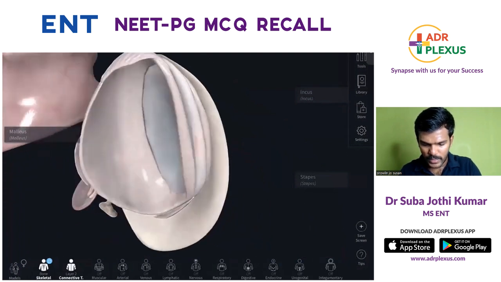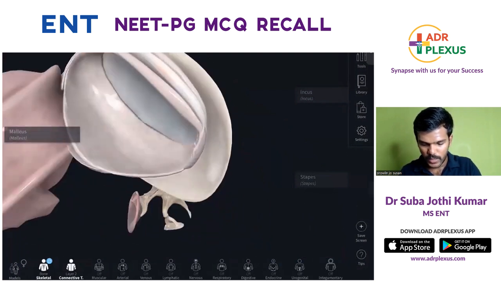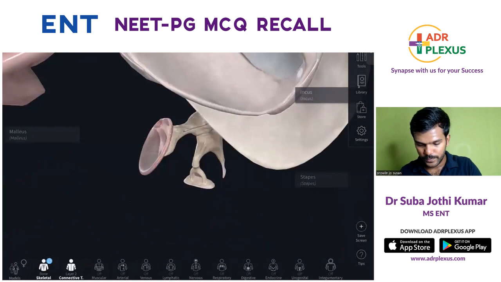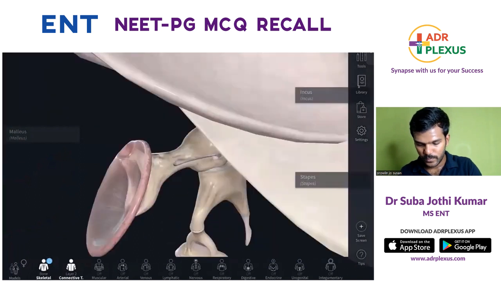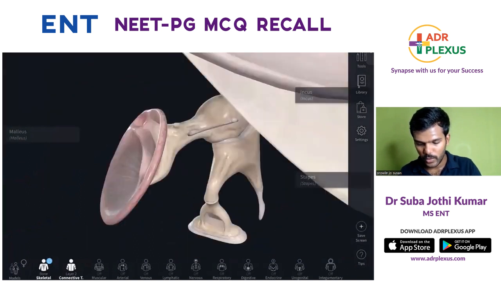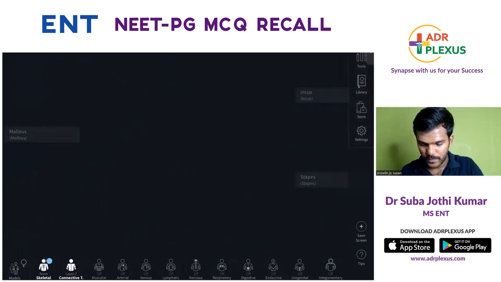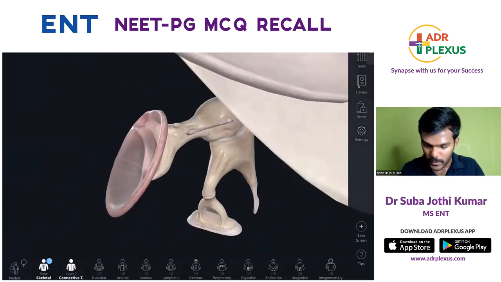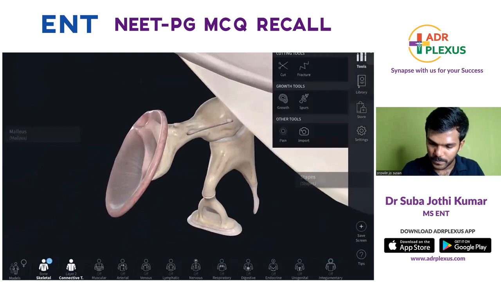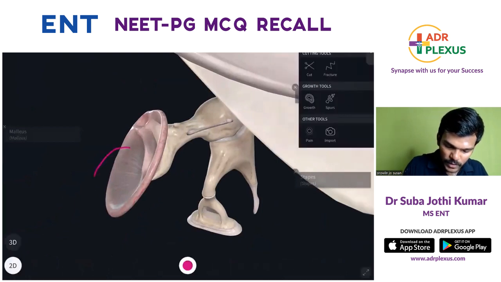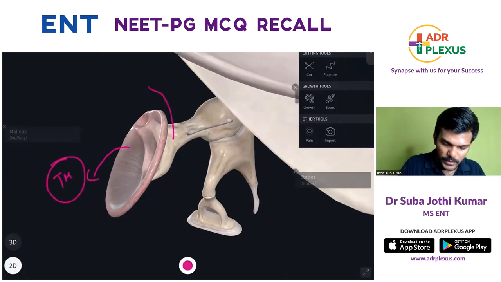So this is the cartilage. This is the orientation of malleus with that of the tympanic membrane. So this is our tympanic membrane. This is our malleus.